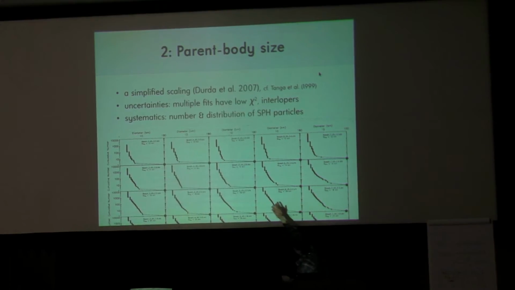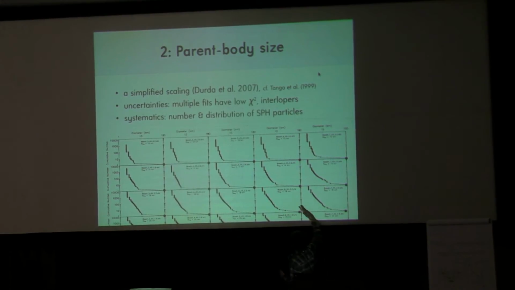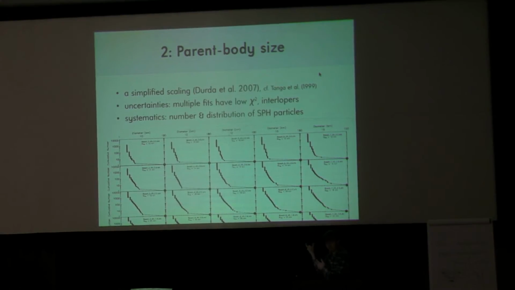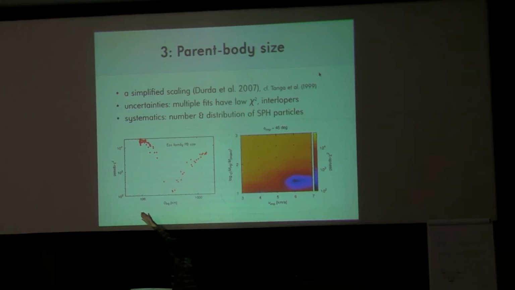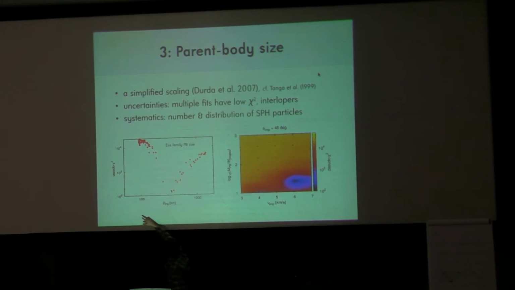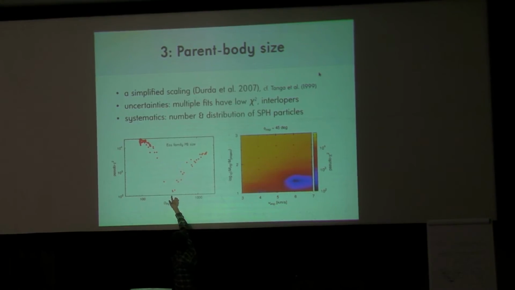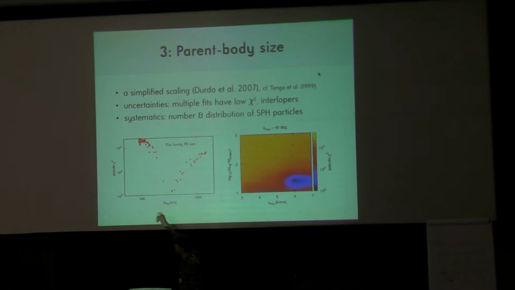We have a huge set of 150 SPH simulations, and we try to match the observed size distribution to the synthetic model. It's a very simple procedure, and the shift leftwards or rightwards is the scaling. For the Eos family, we end up with this parent body size versus chi-square. You see that 350 plus or minus 25 km is the result for the Eos family.